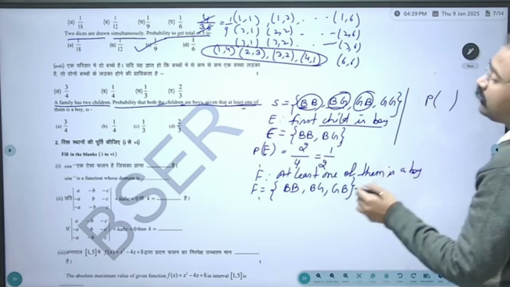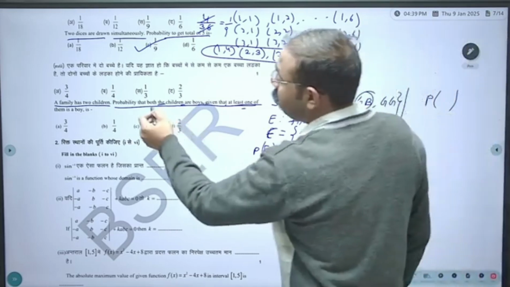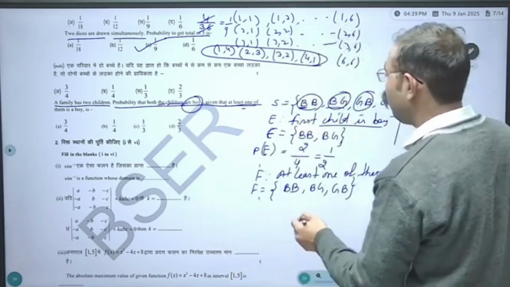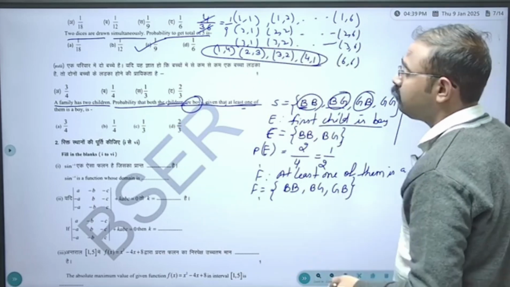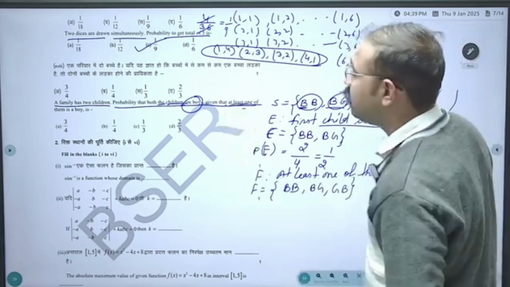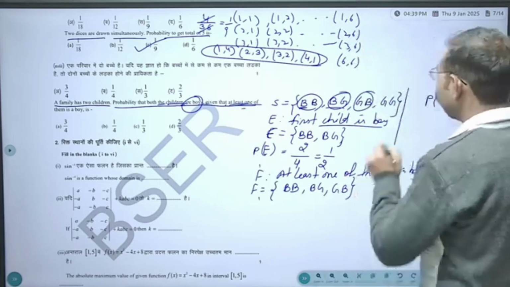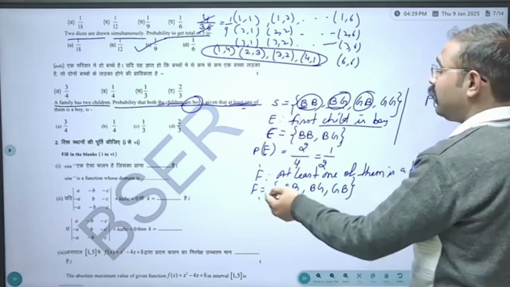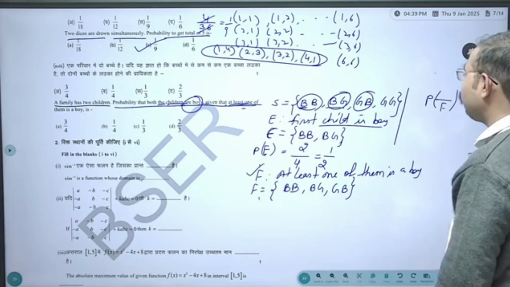Now what we have to find in this question? Probability that both the children are boys. Both children are boys, this we have to find, given that at least one of them is a boy. We choose this event as F. At least one of them is a boy.